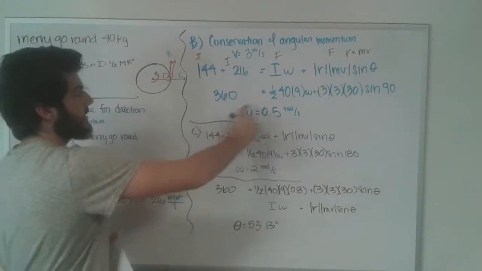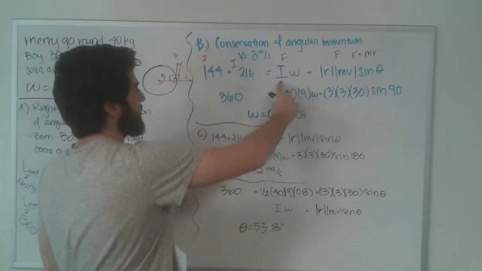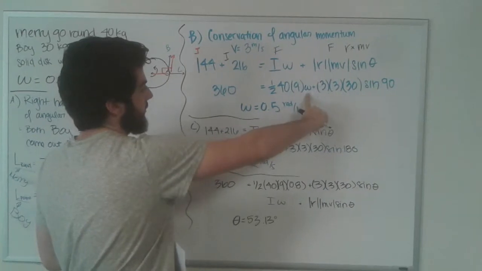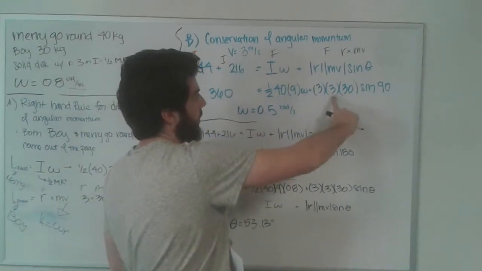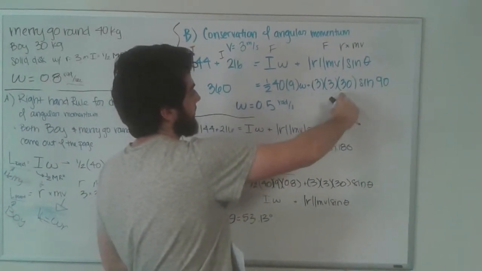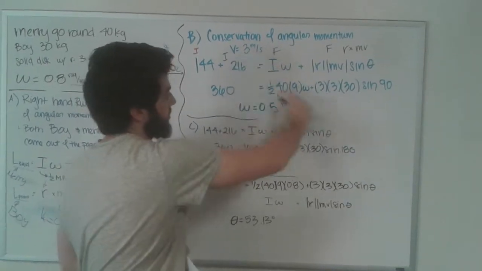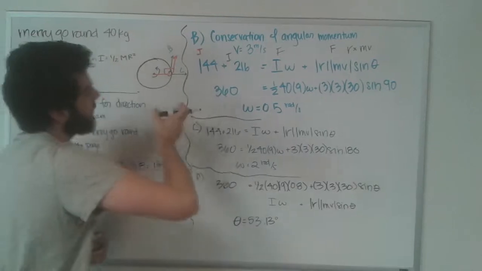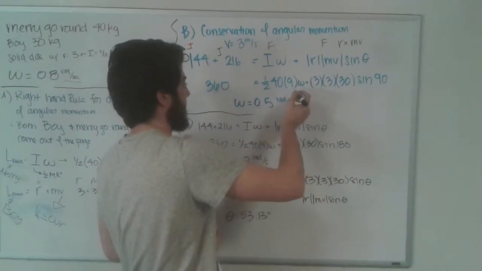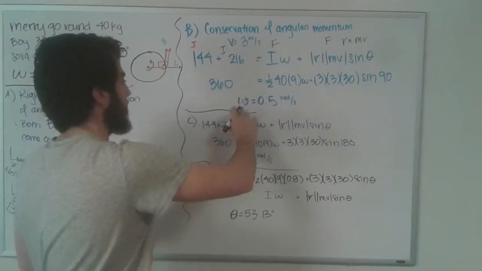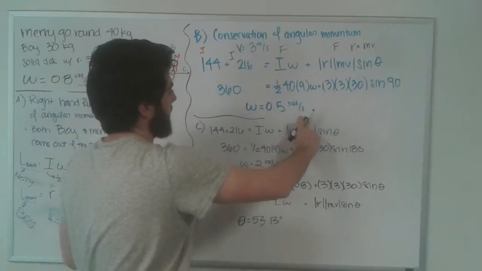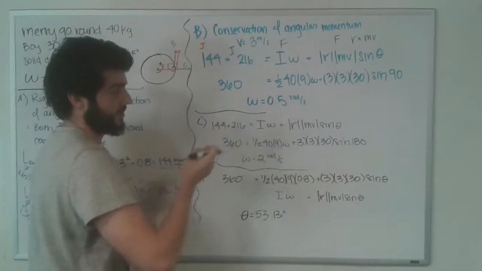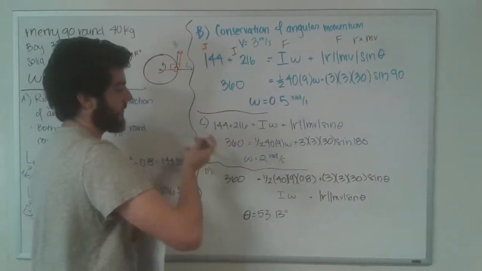So we get 360 equals the same I as before, 1/2 mr squared, times our angular velocity, and then we replace R with the mass of the boy and then his tangential speed, times sine 90, because the boy jumps off at a 90-degree angle from the radius. Then do the math, and we get the angular velocity of the merry-go-round as 0.5 radians per second after he jumps off.